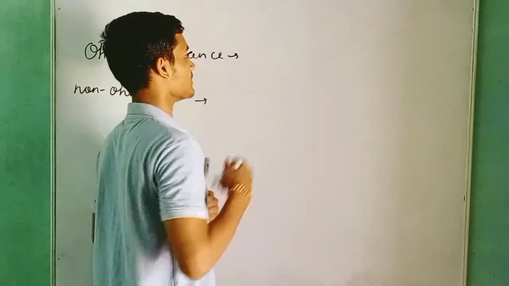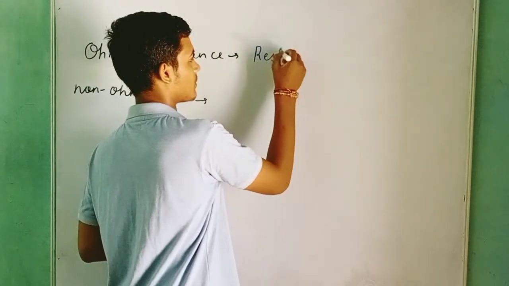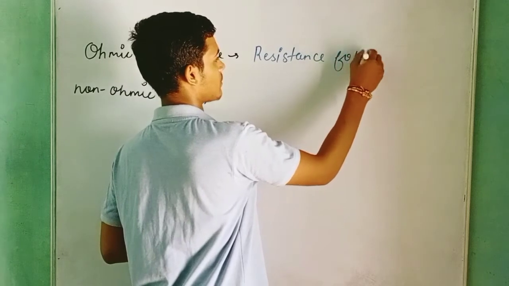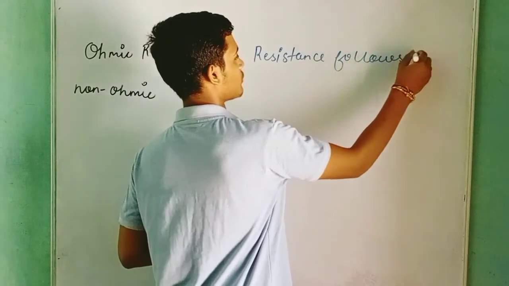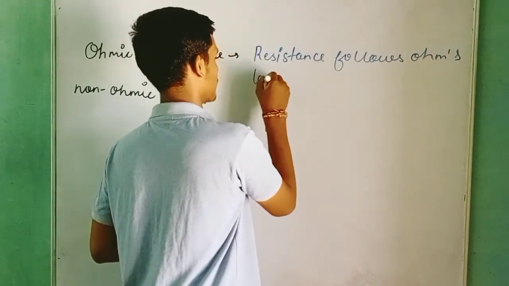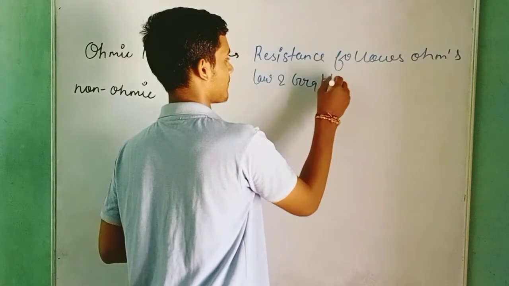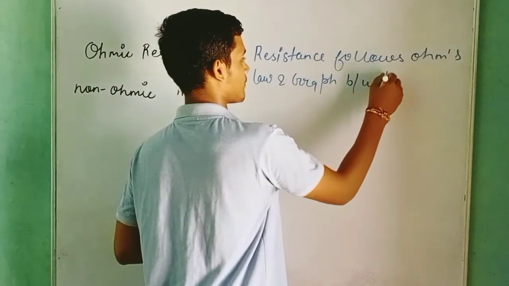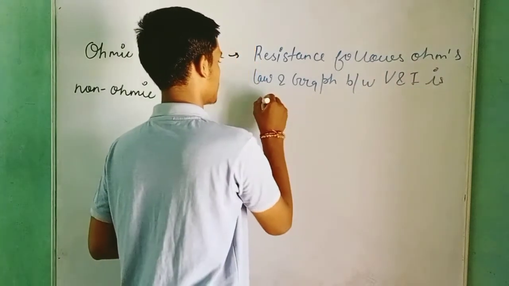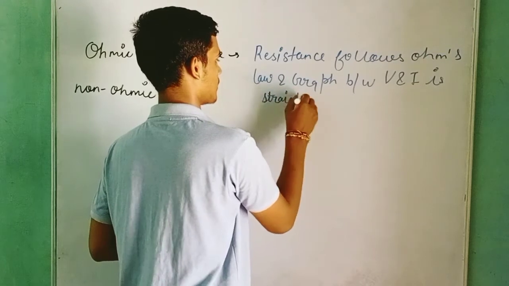Ohmic resistance definition: it follows Ohm's law and the graph between V and I is a straight line.